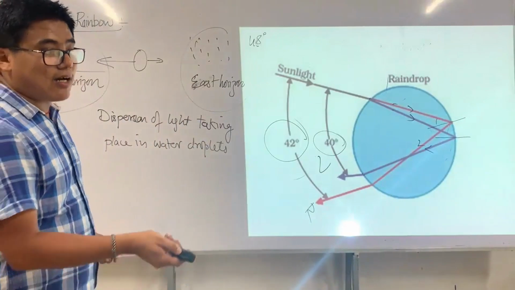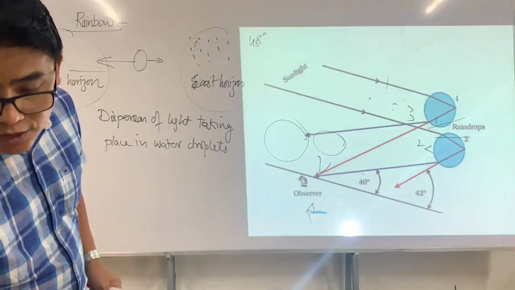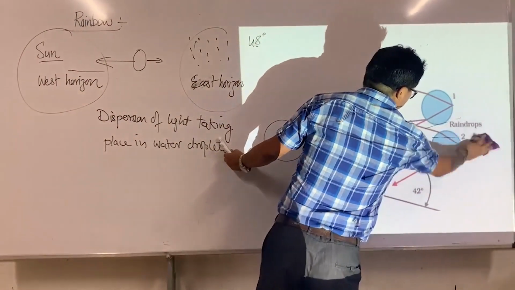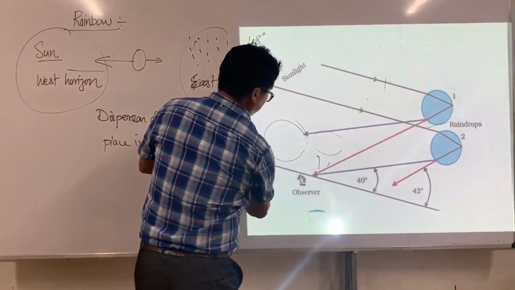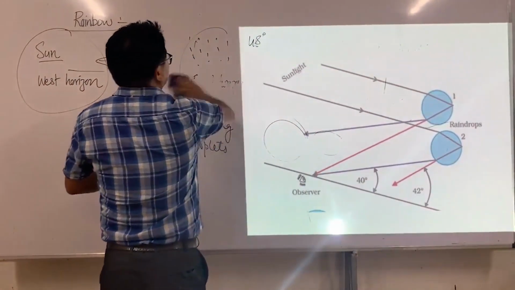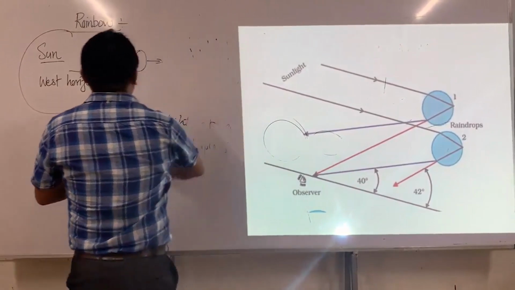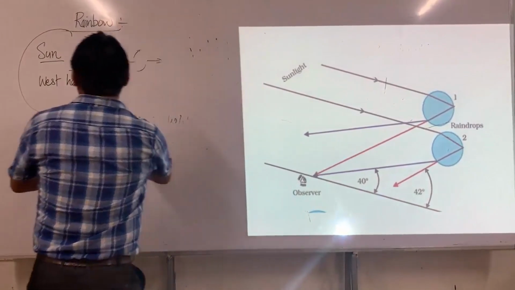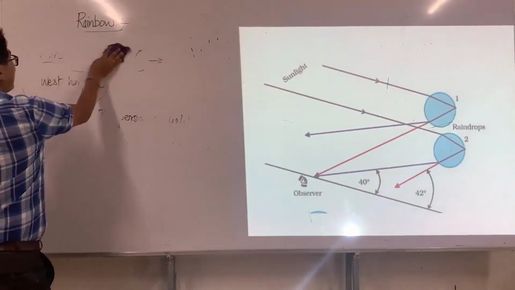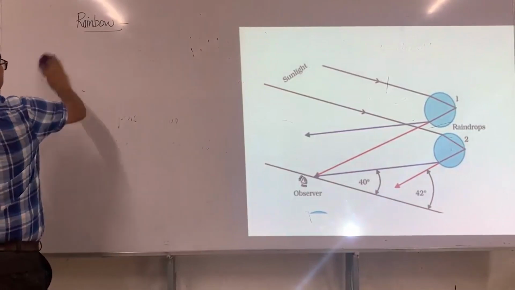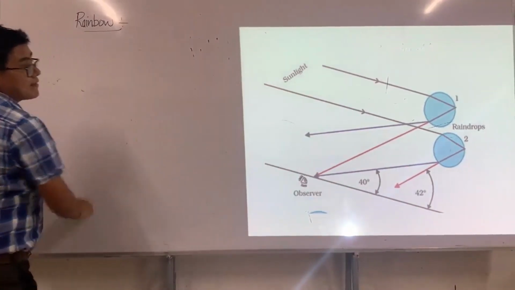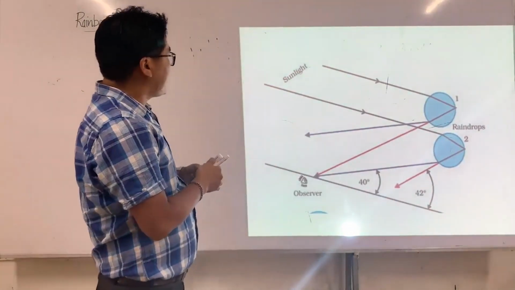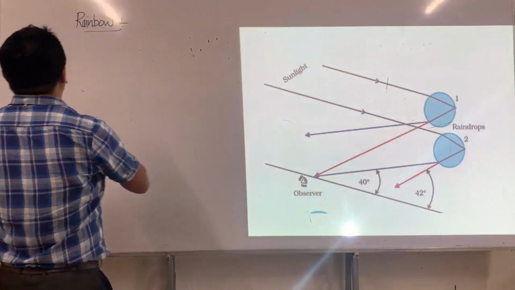Now look here, since we have so many drops of water in the sky, this is what we exactly find. This is a raindrop, and this is normally what we call a primary rainbow.